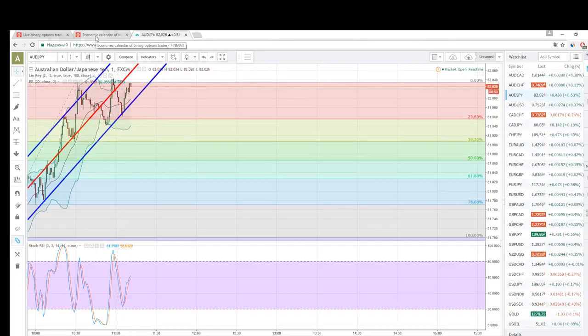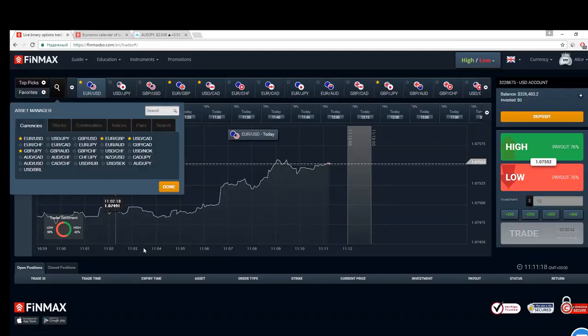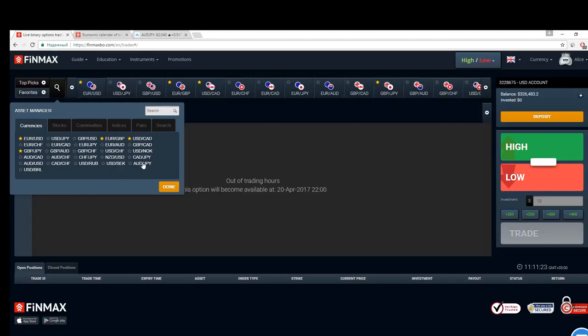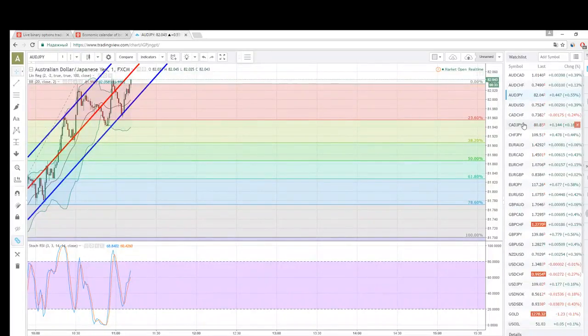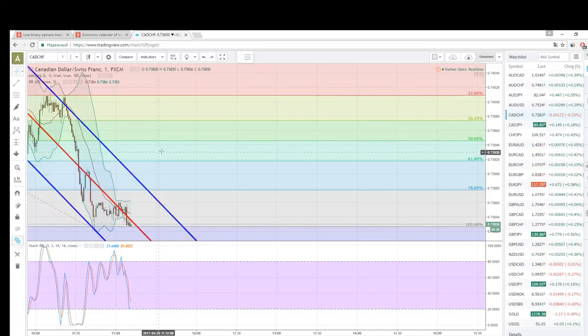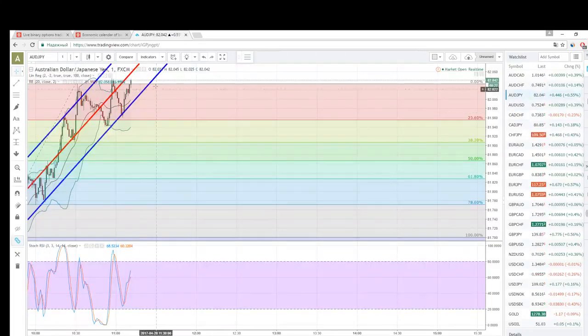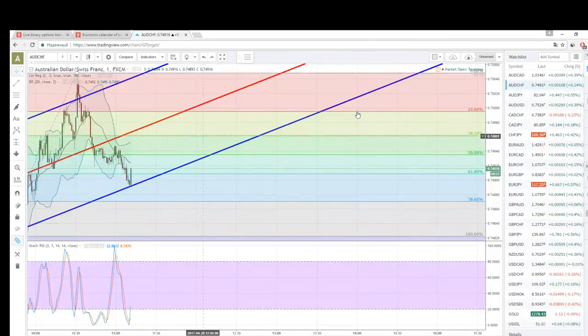Here is a pretty interesting case to enter. Australian dollar to Japanese yen. Out of trading hours. Okay, let's switch to something else. I will remove it from the chart.